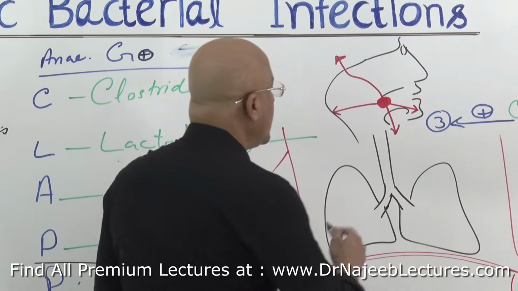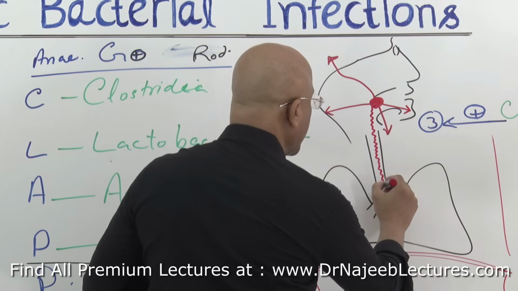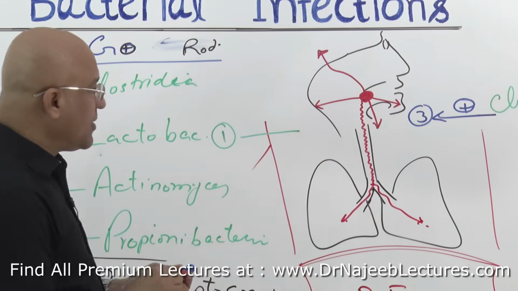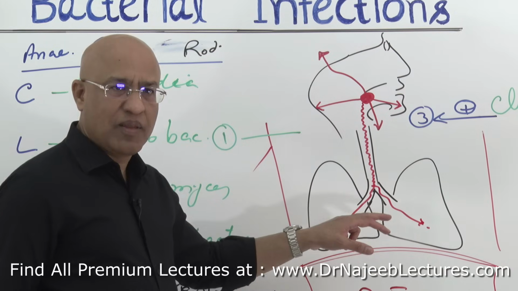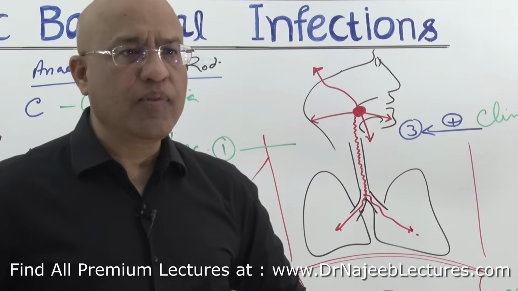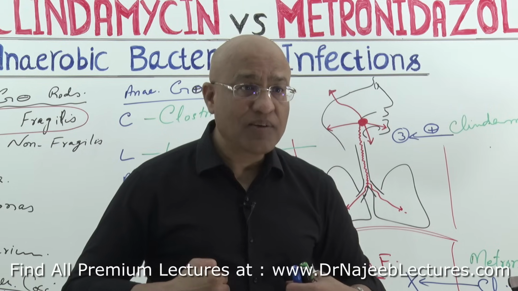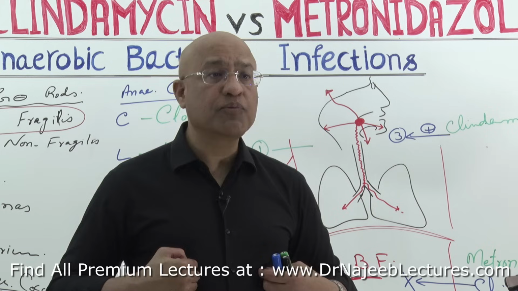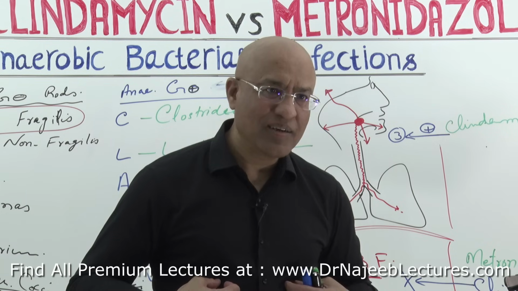And if, as a part of saliva, these are aspirated to the lungs, they can produce pleuropulmonary infections. Those pleuropulmonary infections which are due to aspiration have a lot of anaerobes coming from oropharyngeal microbiota, right?